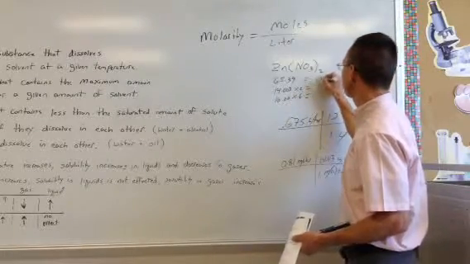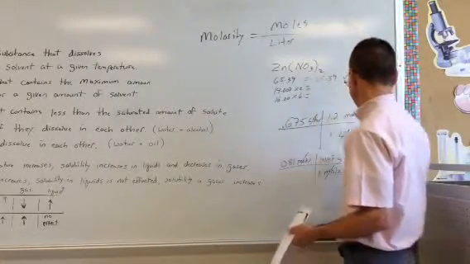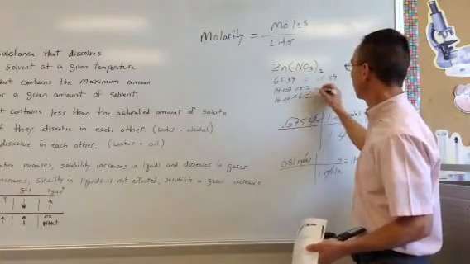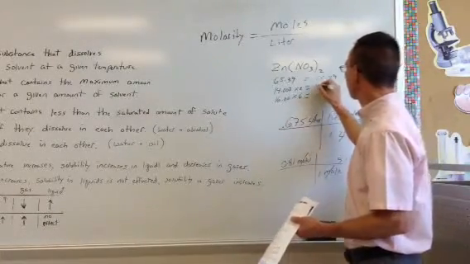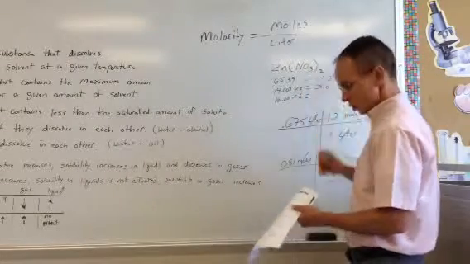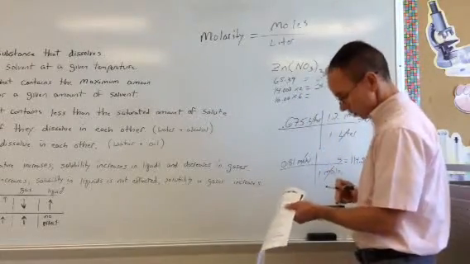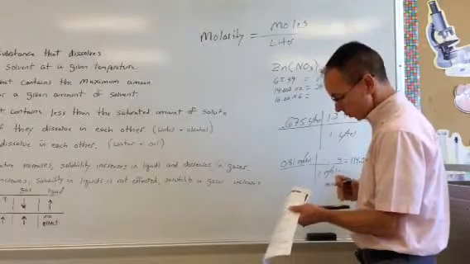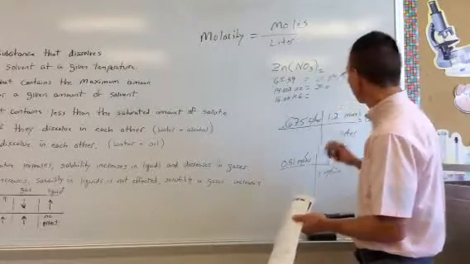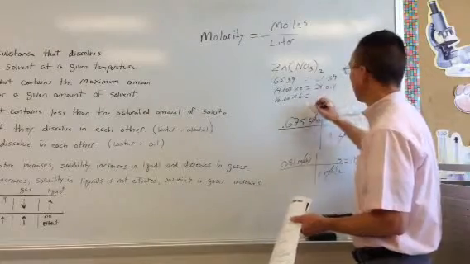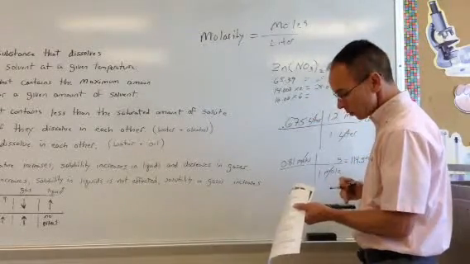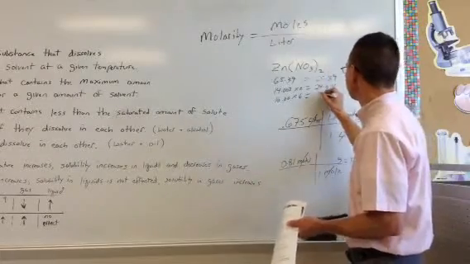So that's 65.39. This one is 28.0, you see, 14.007 times 2, 28.014, and 6 times 16 is 96.